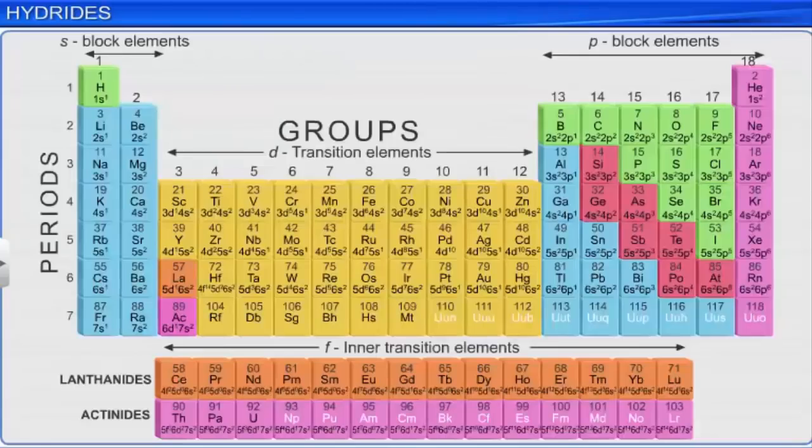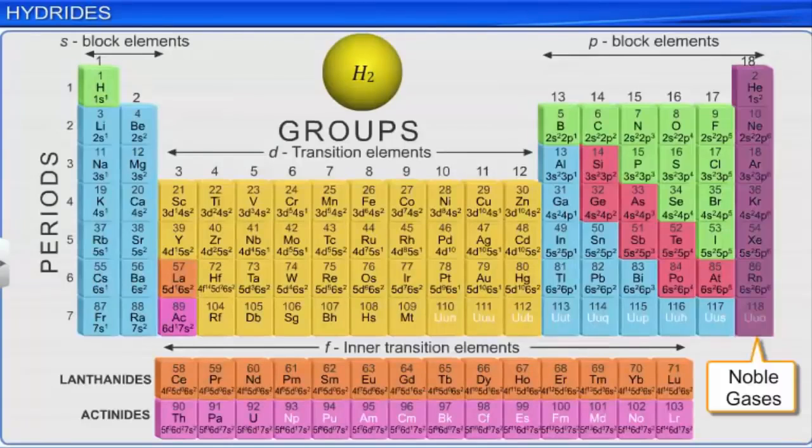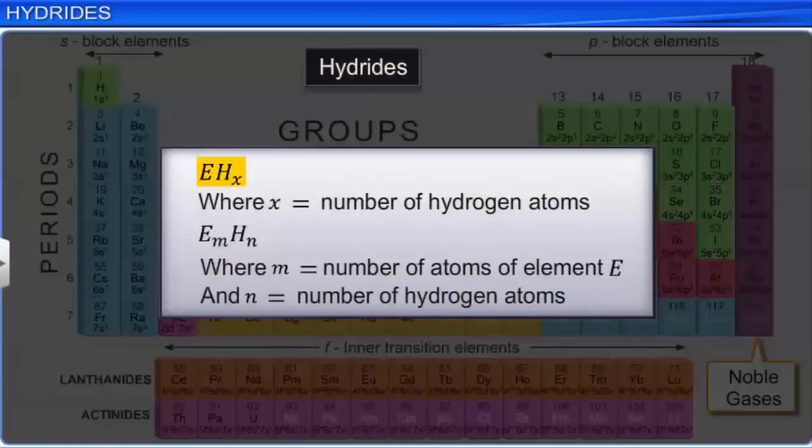You have learned that dihydrogen combines with almost all the elements except noble gases under suitable conditions to form binary compounds called hydrides. These can be represented as EHx or EmHn, where E is the symbol for an element. For example, MgH2 or B2H6.